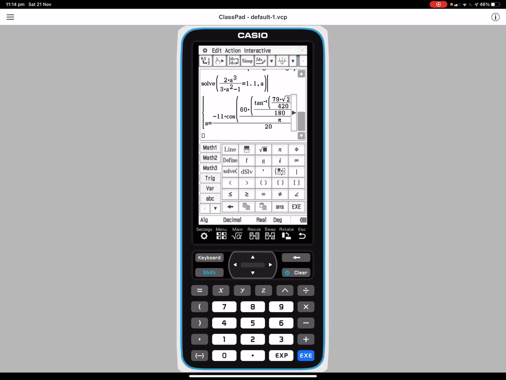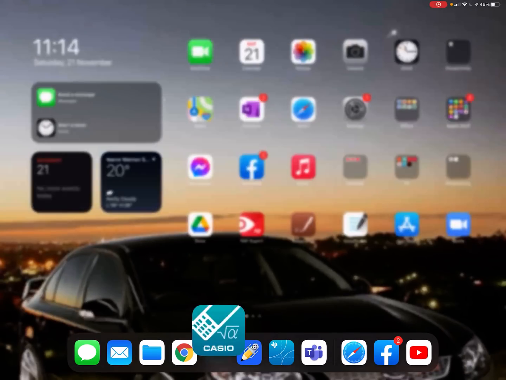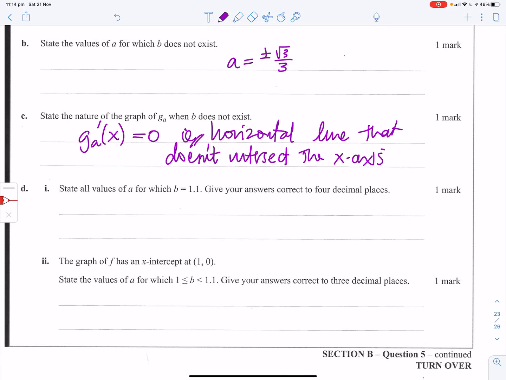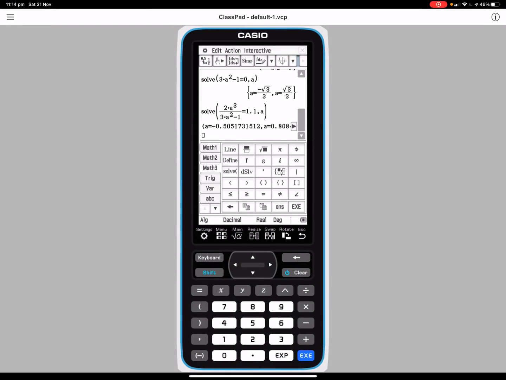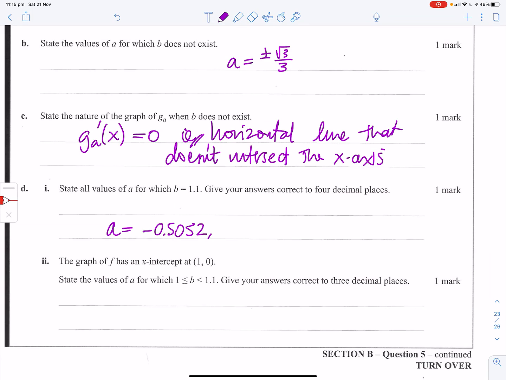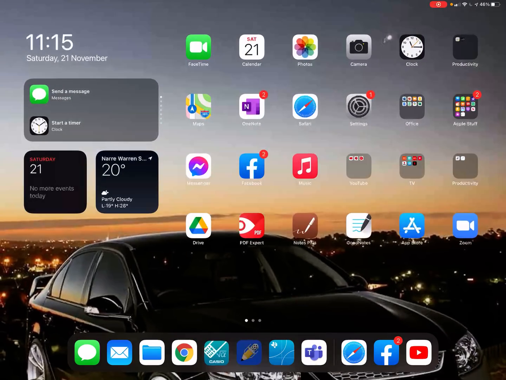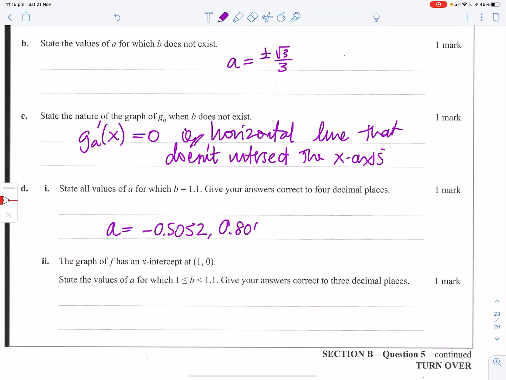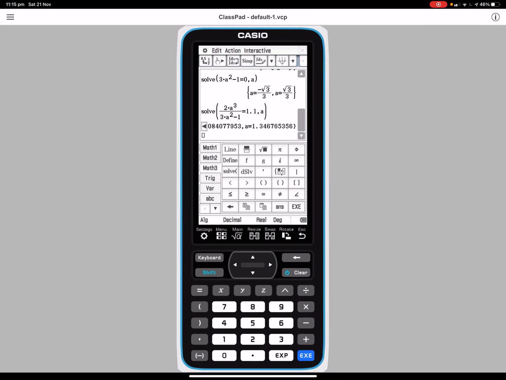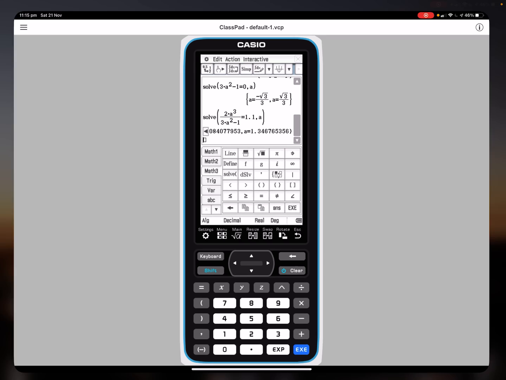Ish, that's horrible. Whoa, there's a lot. Okay, 4 decimal places. A is equal to negative 5.05, I think I saw, 2.8084, 1.3468.